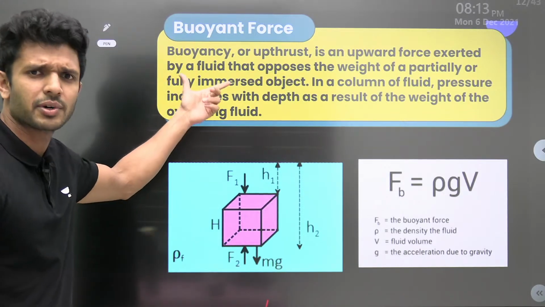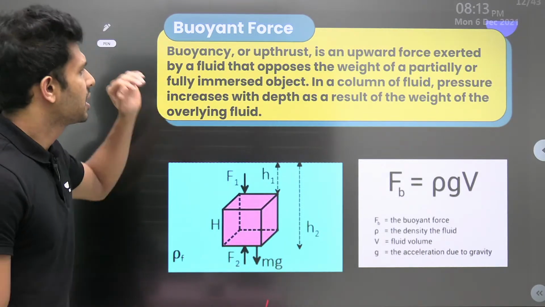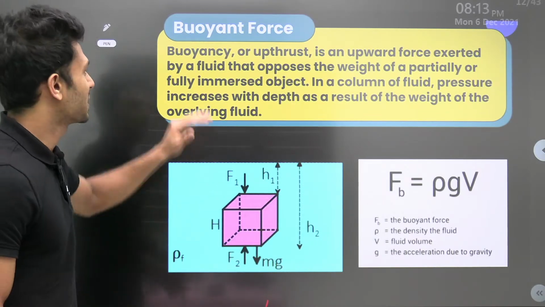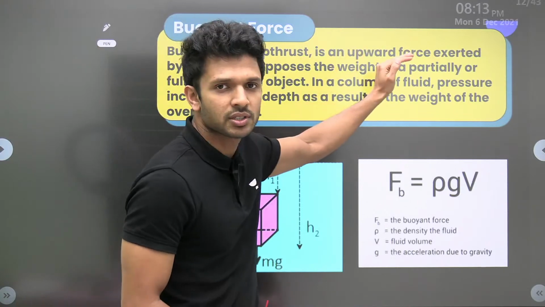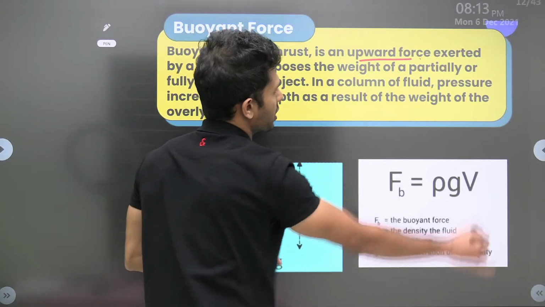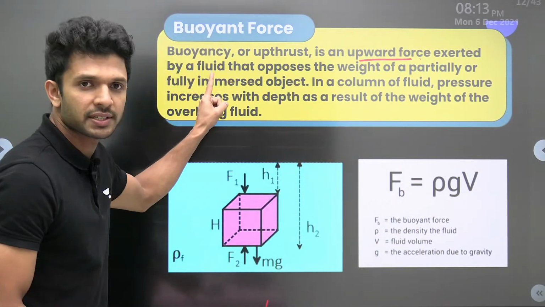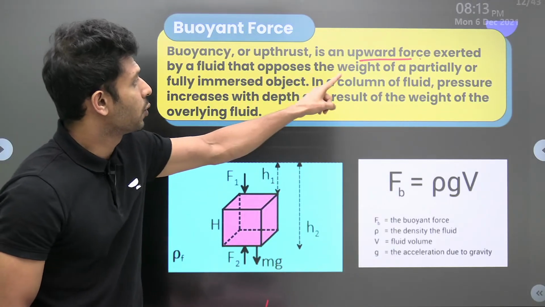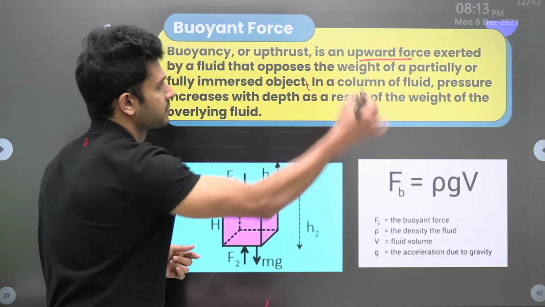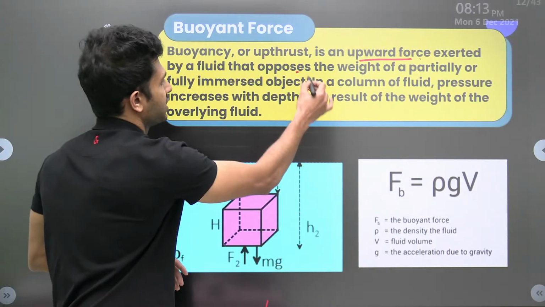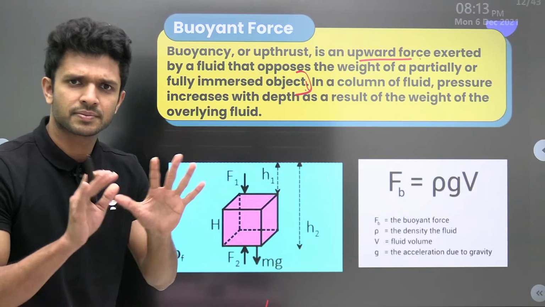Everyone read the definition given here. Buoyancy or upthrust is an upward force exerted by a fluid that opposes the weight of a partially or fully immersed object. This is the definition of a buoyant force.